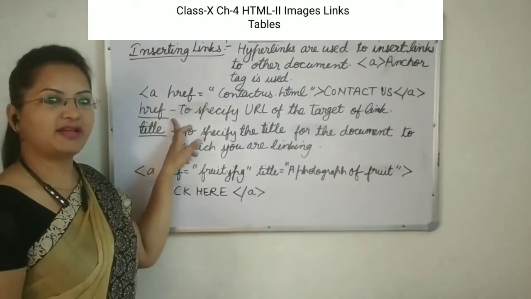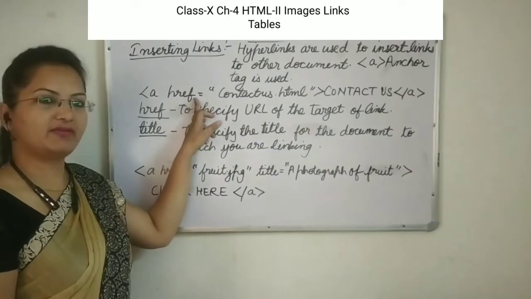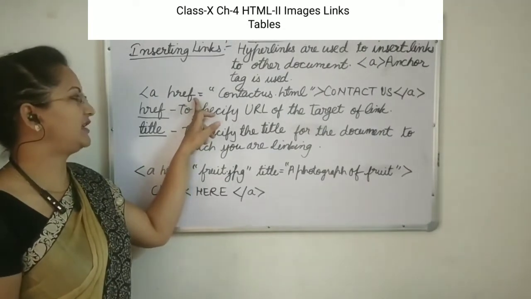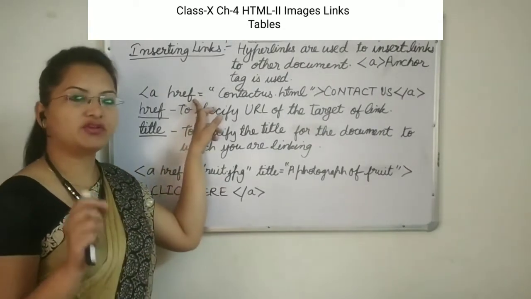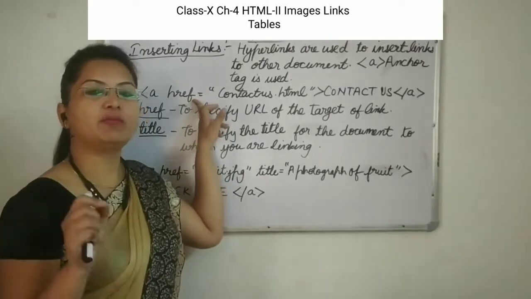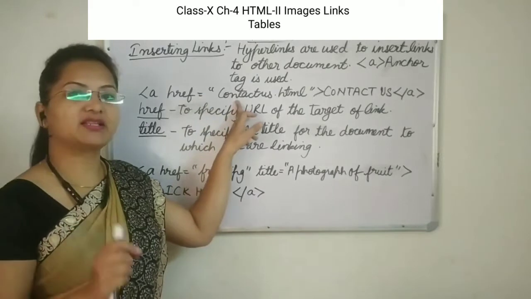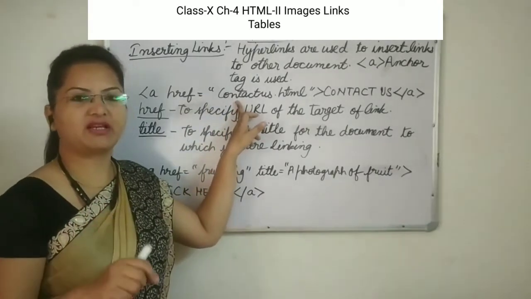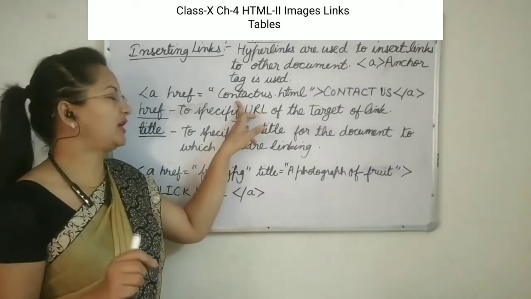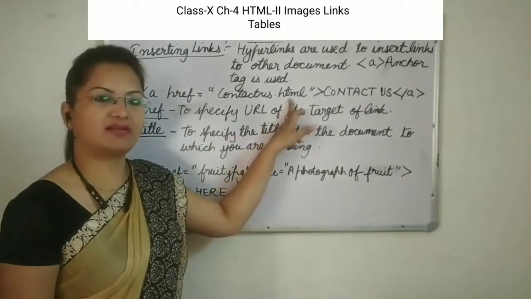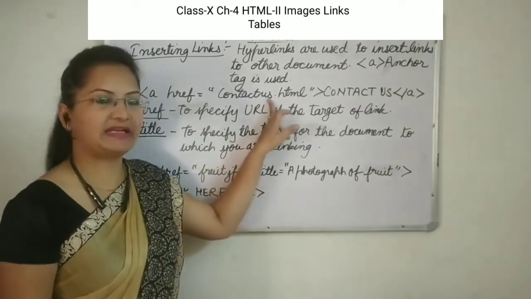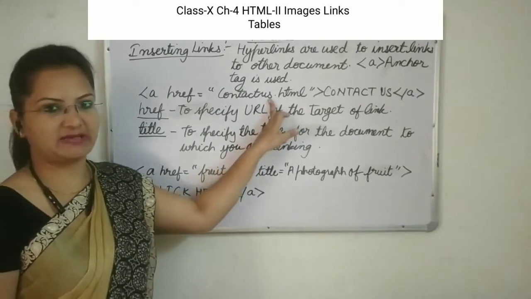Now students, as we have already discussed href, in href we can specify the URL. What is the full form of URL? Uniform Resource Locator. So the URL is the unique address for any website or any page or image. So we can specify the address here. That means the file name, picture name or the website address.